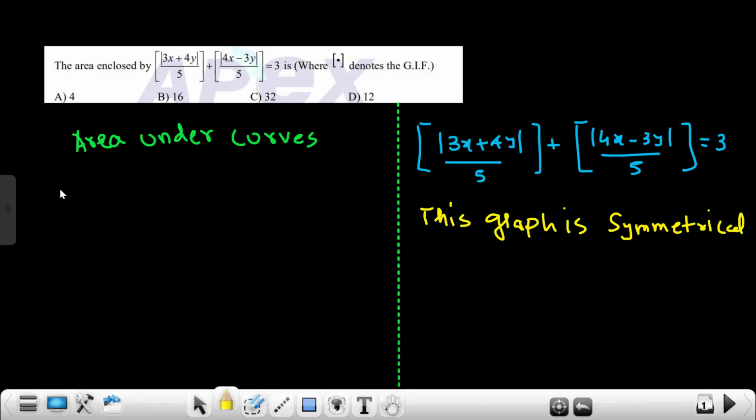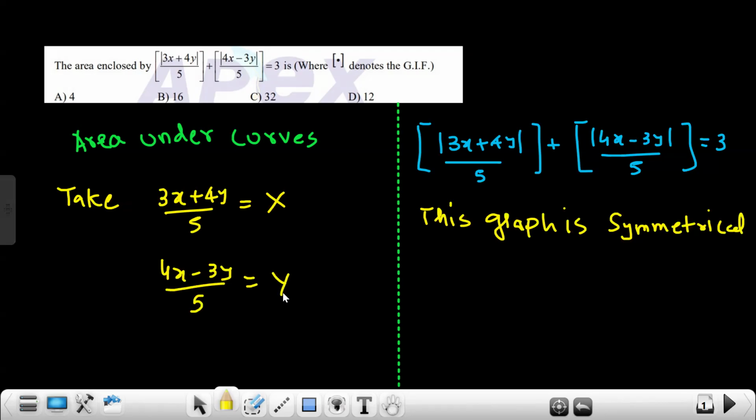We will take 3x plus 4y by 5 as capital X and 4x minus 3y by 5 as capital Y. Eventually it is plus only, so we can take this inside the mod also.